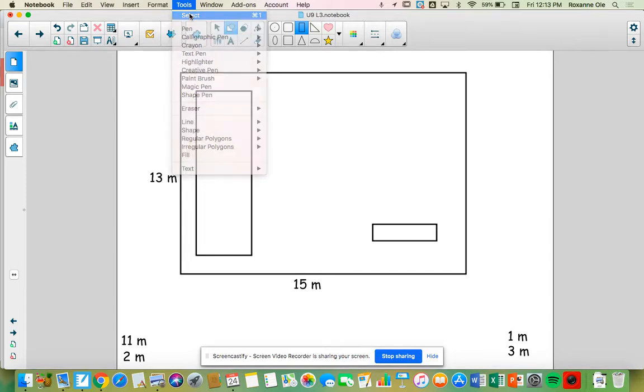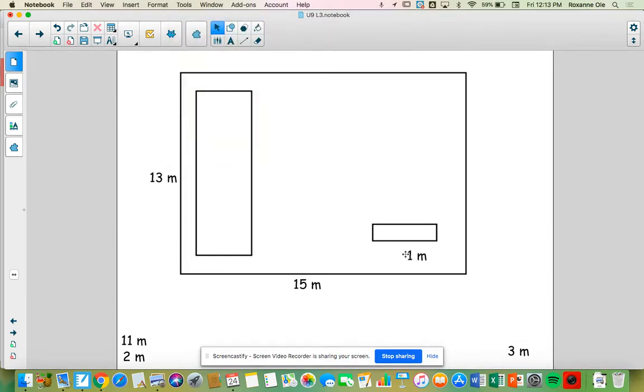Now, when you're drawing, always label everything. So this first checkout desk was 3 meters by 1 meter, and the display shelf was 11 meters by 2 meters. Okay, so we have our drawing, and now we can figure out what they're asking. The floor around the desk and the shelf is tiled.